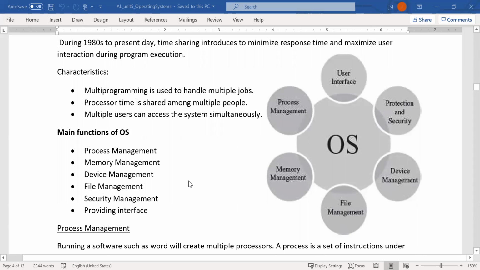Then when we look at the main functions of the operating system: process management, memory management, device management, file management, security management, and then providing an interface. So those are the things that we have discussed.